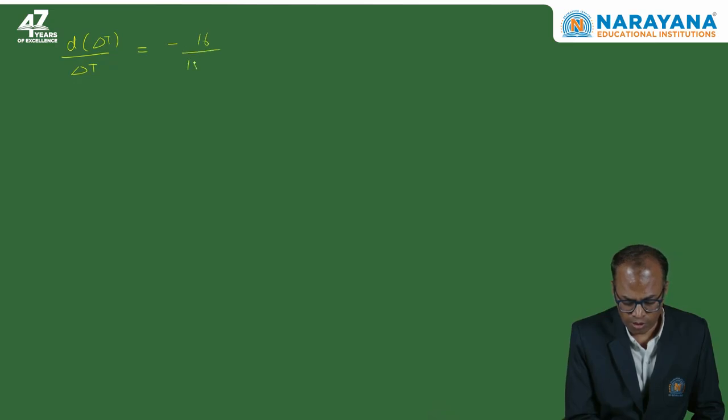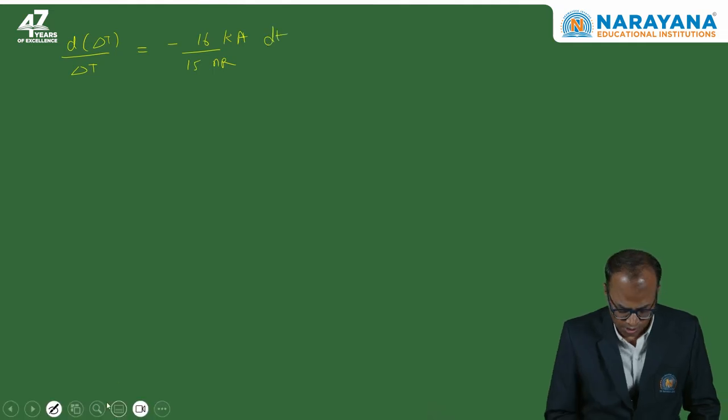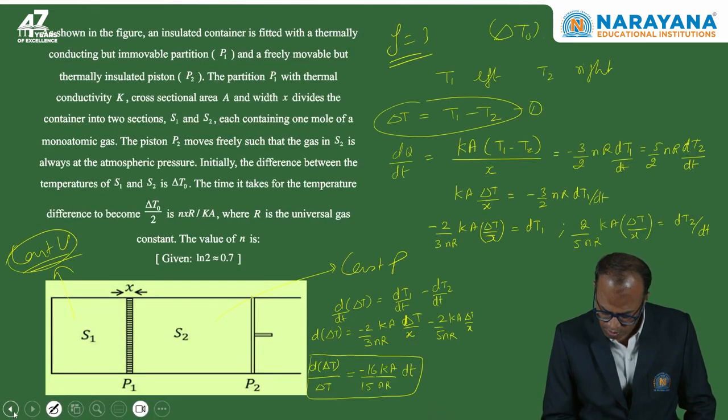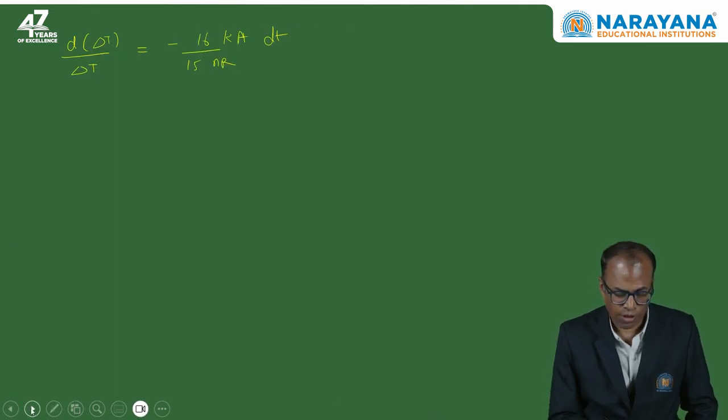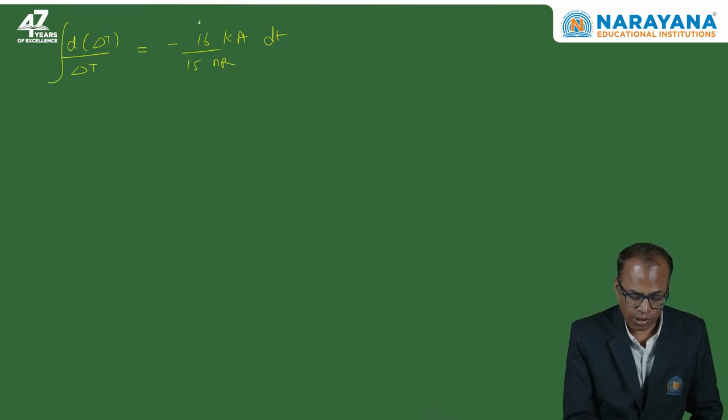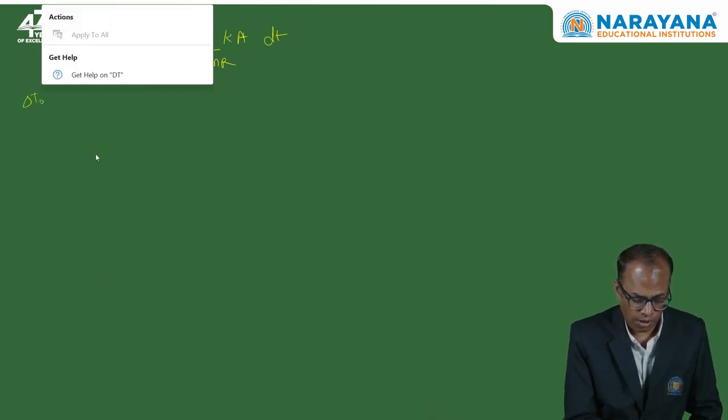So I got d of delta T by delta T as minus 16 by 15 Ka by nR times dt. Let me check whether it is correct or not. Okay, correct. So integrating both sides, initial value delta T naught, final value delta T naught by 2.